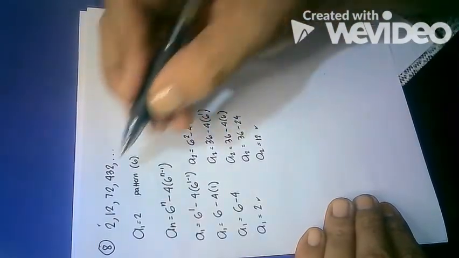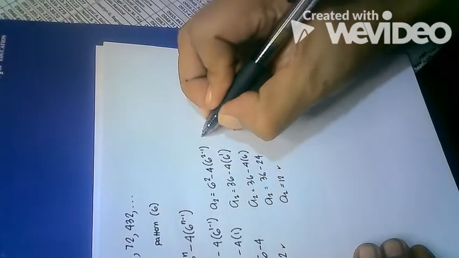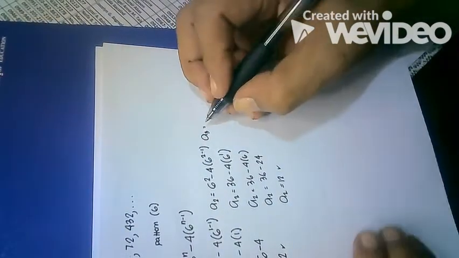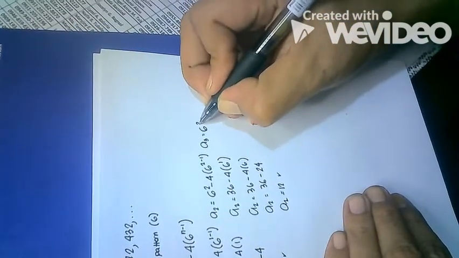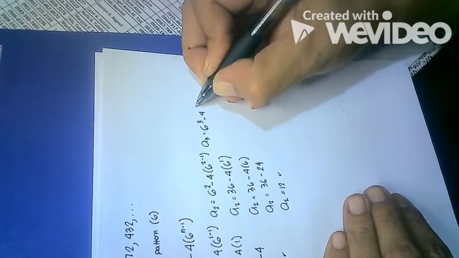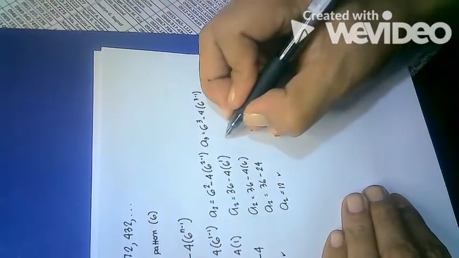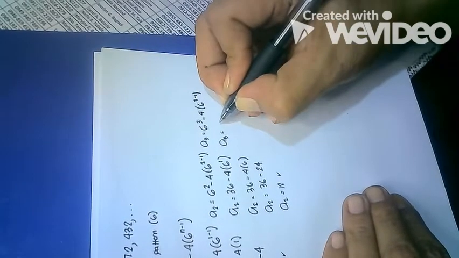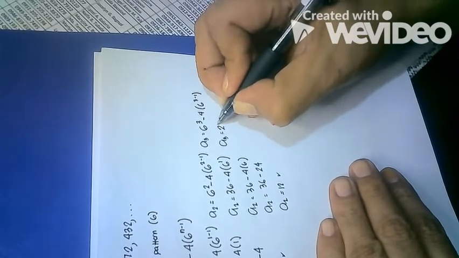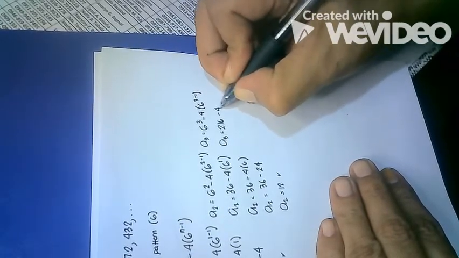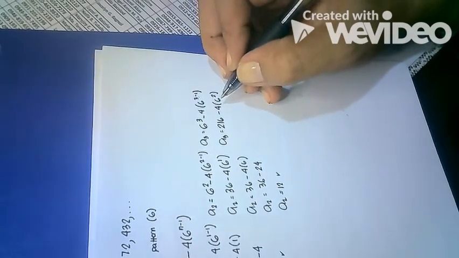So check, class. Check a sub 2. So our a sub 3 is equal now to, substituting, 6 to the 3 minus 4 times 6 to the 3 minus 1. So your a sub 3 equals 6 to the 3, which is 216, minus 4 times 6 squared, since 3 minus 1 is 2.